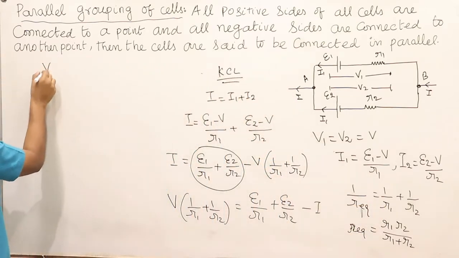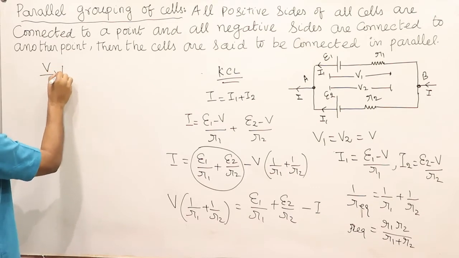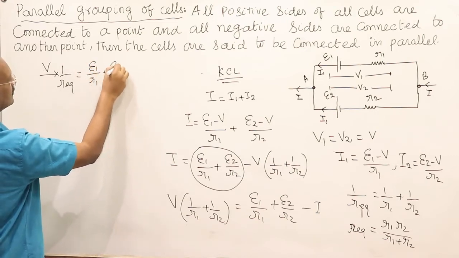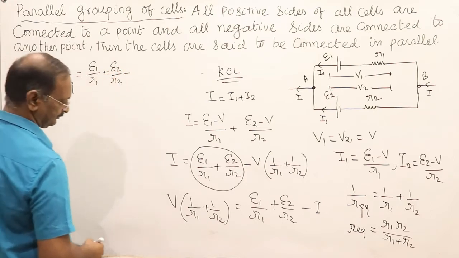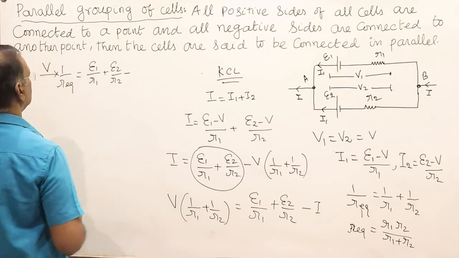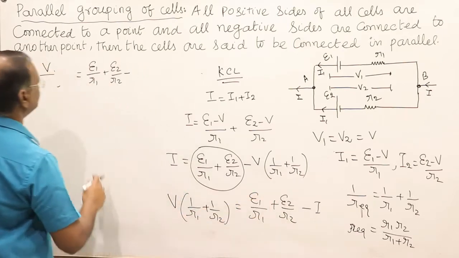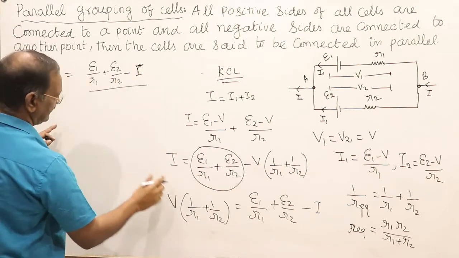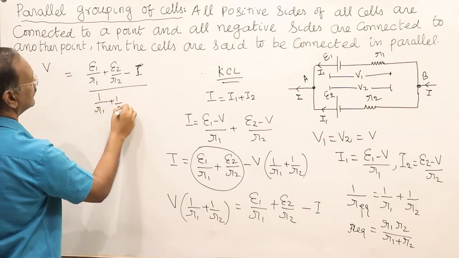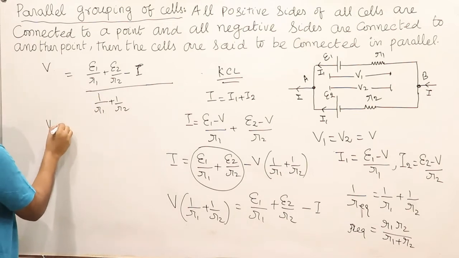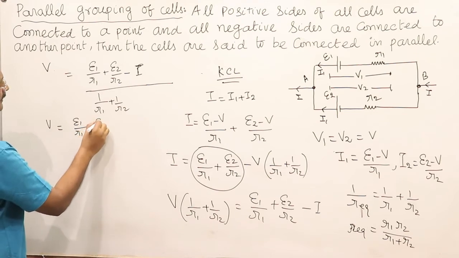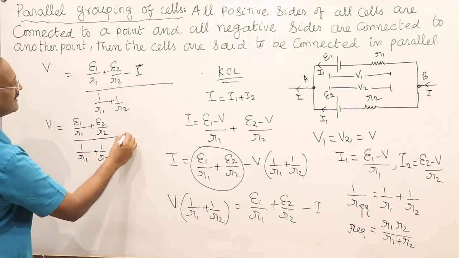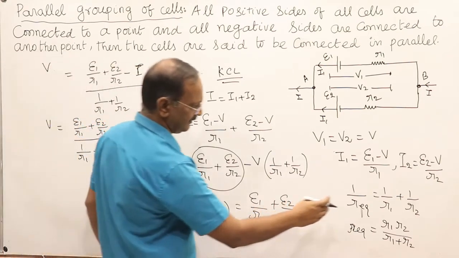So V into 1 by R equivalent is equal to E1 by R1 plus E2 by R2 minus I, already we have written minus I. If we take this to the other side, V is equal to E1 by R1 plus E2 by R2 divided by 1 by R1 plus 1 by R2, minus I divided by 1 by R1 plus 1 by R2.